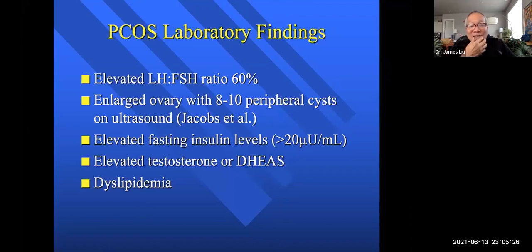So you're beginning to see these peripheral cysts on the ovary, the necklace pattern. I'm more concerned about her metabolic status, her elevated fasting insulin levels, and obviously long-term, if we're going to manage her, a potential for dyslipidemia with her LDL well above 140.